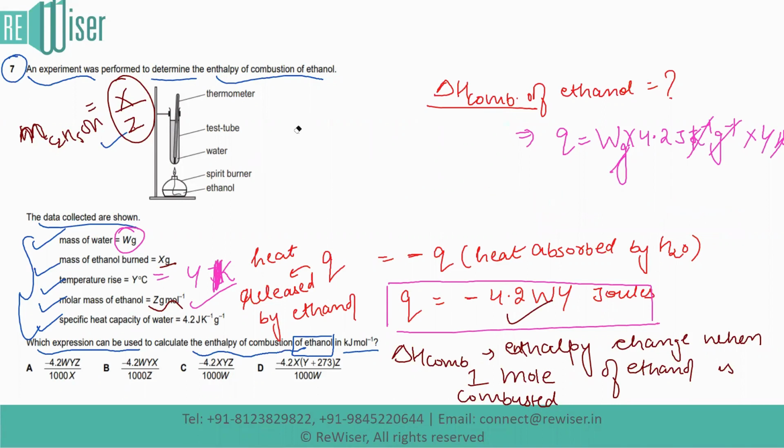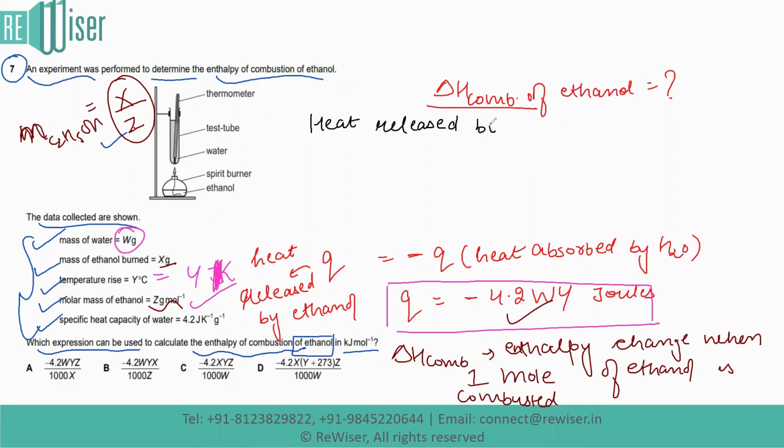Let's try to figure this out. The heat released by X by Z moles of ethanol is minus 4.2 WY joules.